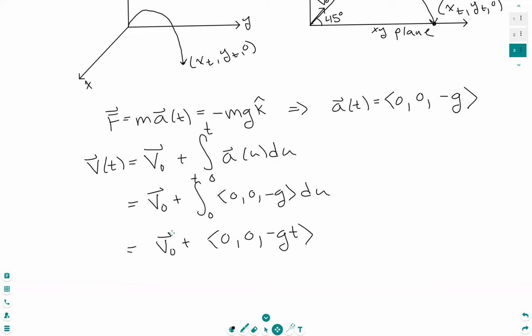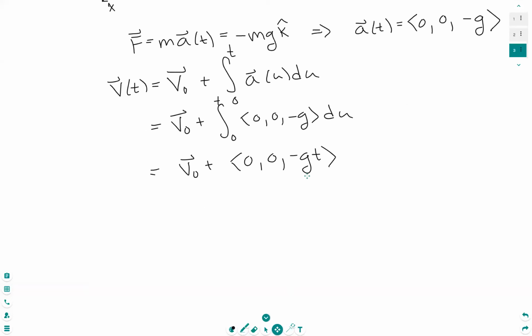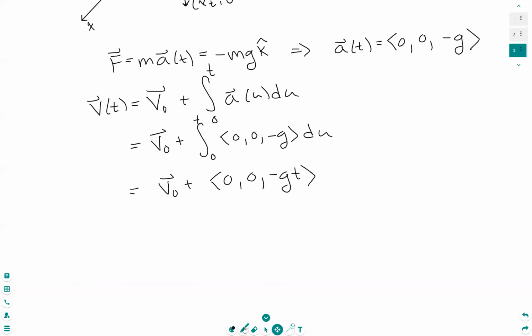Okay, since I don't know what v naught is, and this is the thing that I'm trying to find, I'm going to decompose. So it's off here on the side. Let's decompose and say that v naught is the vector vx, vy, vz, because I'm going to try to manipulate it with these components here.